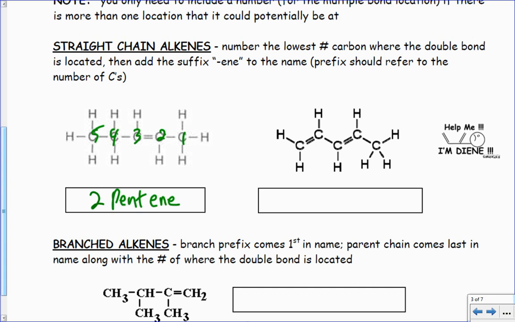Okay, I'm going to tell you where that double bond is. Again, I don't even bother starting counting at this carbon here because this carbon's 1 and there's a double bond. So 1, 2, 3, 4, 5. I have 5, which is pent.